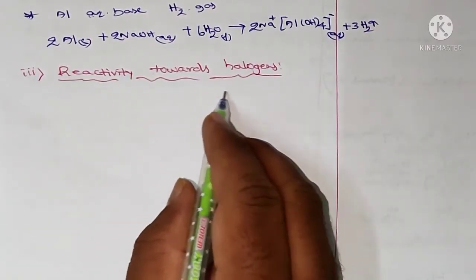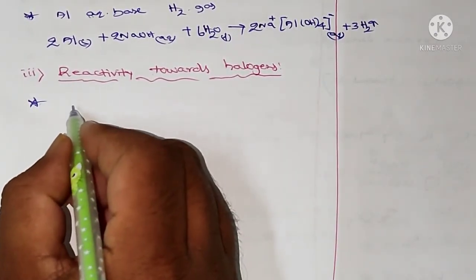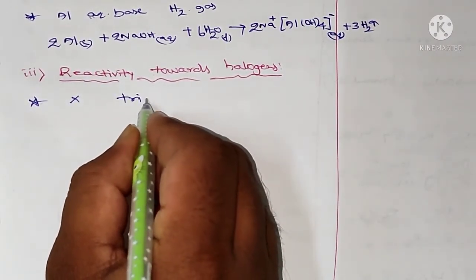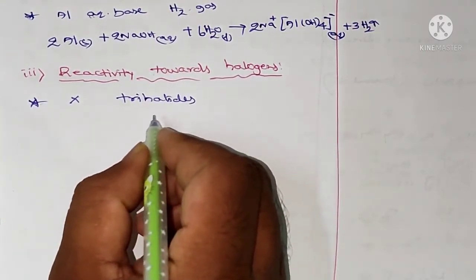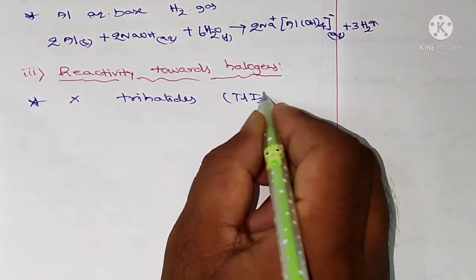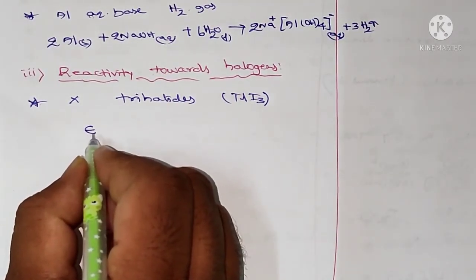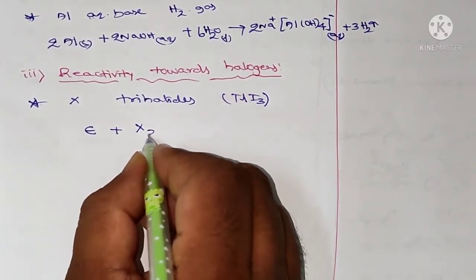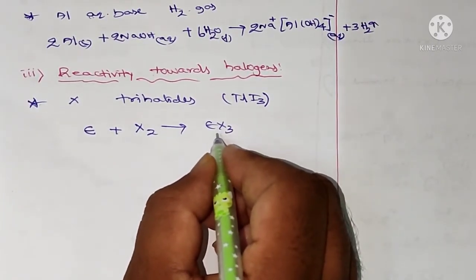Next, reactivity towards halogens. The 13th group elements react with halogens to form trihalides, except thallium iodide, TlI3. E is the 13th group element. The 13th group element reacts with halogen X2 to give EX3.